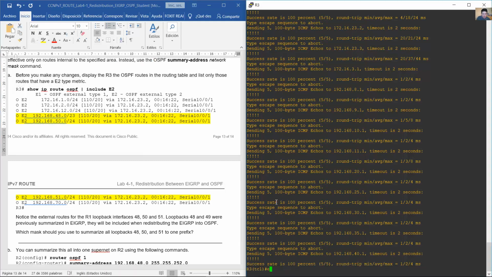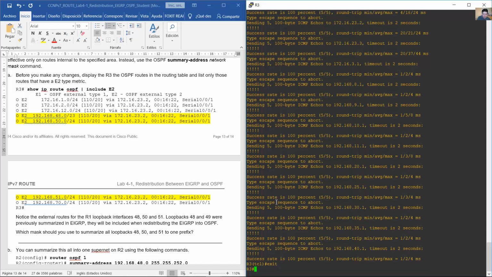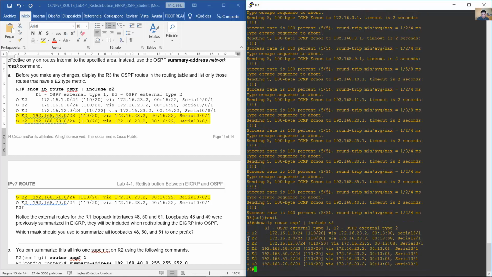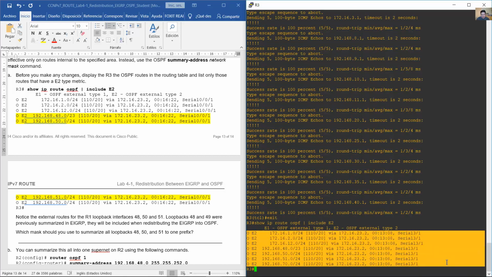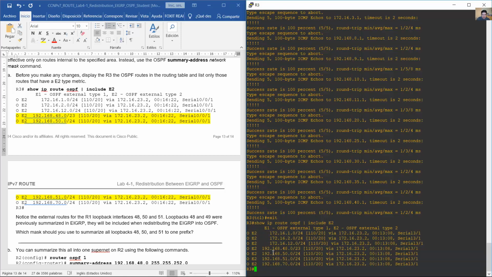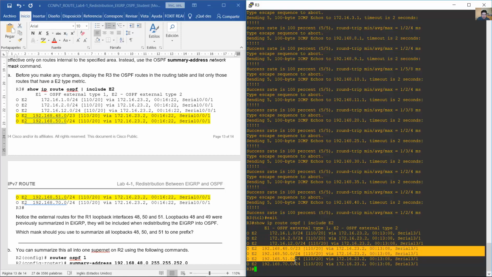Okay, go to R3, exit from the TCL shell, and show ip route ospf pipe include E2. Okay, this shows all the OSPF external 2 routes, and you can see 48.0, 50.0, 51.0, and 70.0.